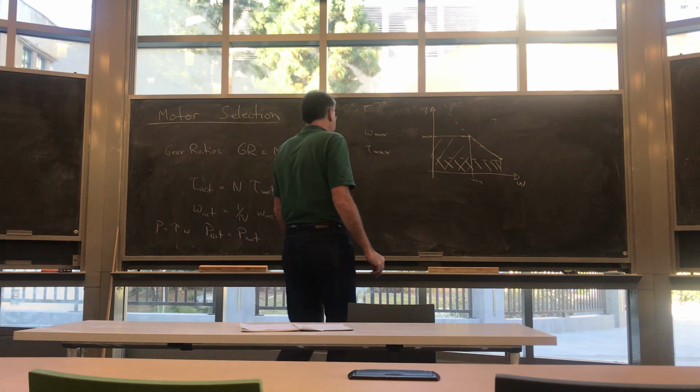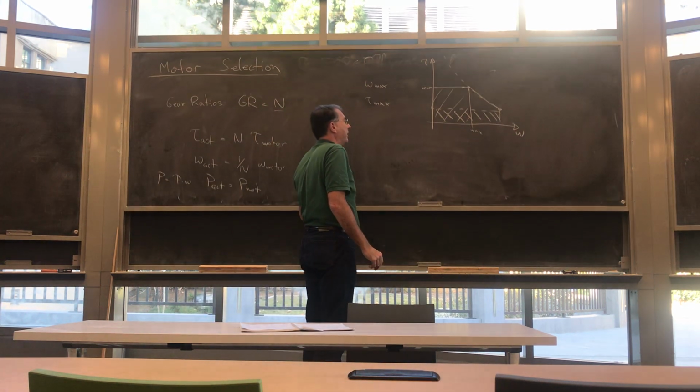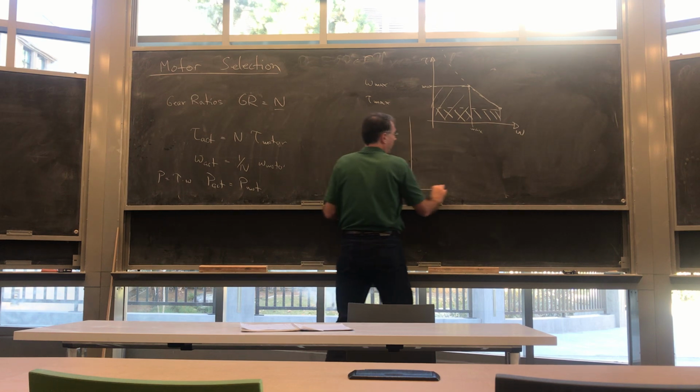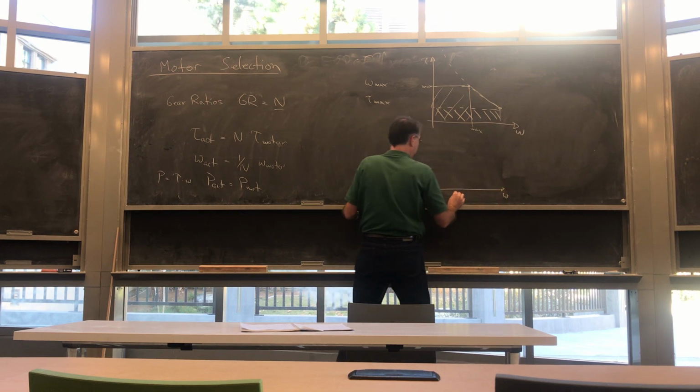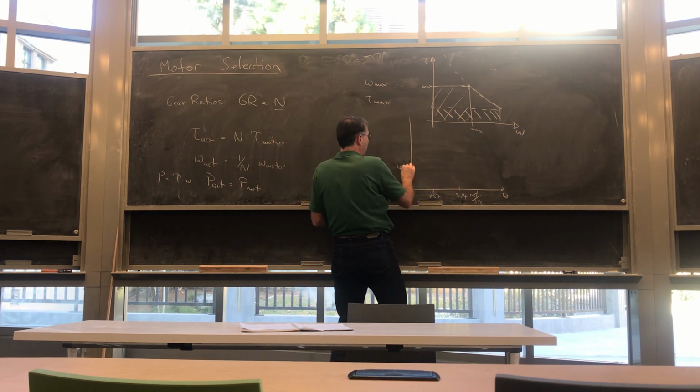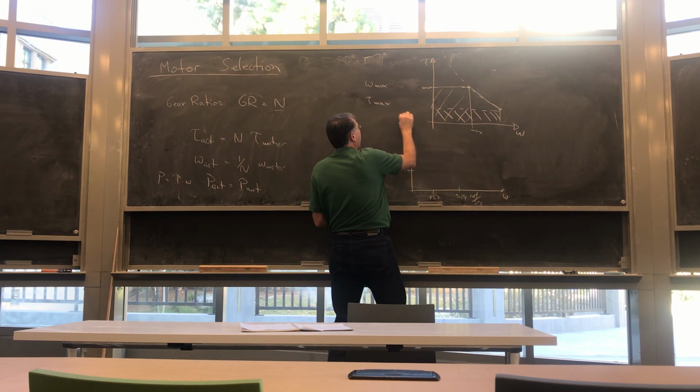The reason I bring up gear ratios is that the different motors have different gear ratios. In particular, I'll draw it right underneath to be a little more clear. We have, I think, 3.14 radians per second, and half of that, 1.57. And we have 4 Newton meters for the small motor.